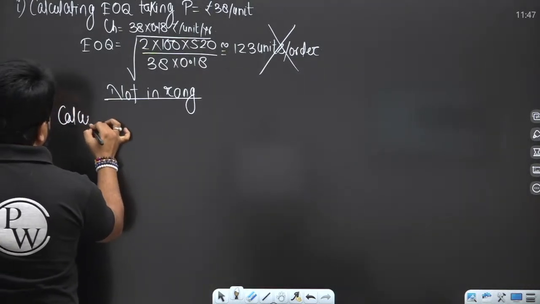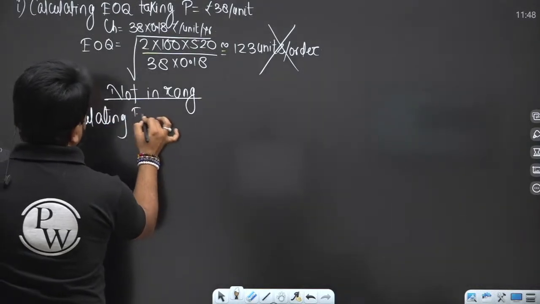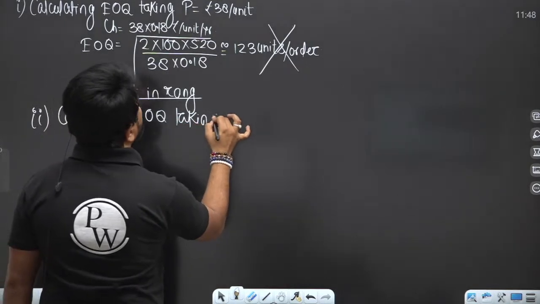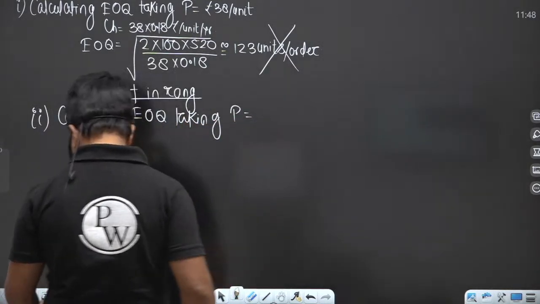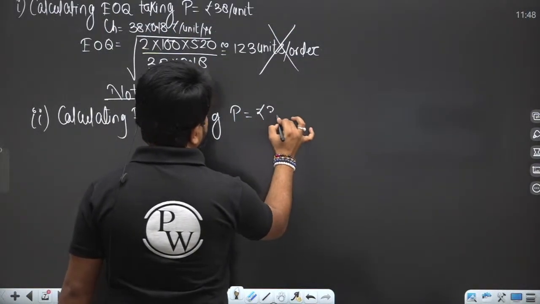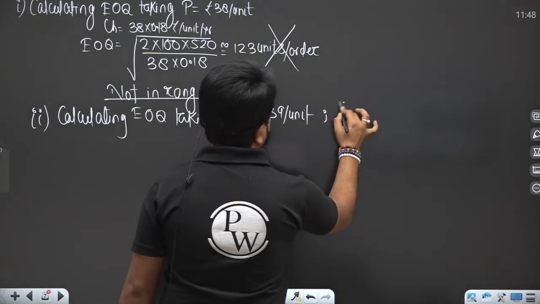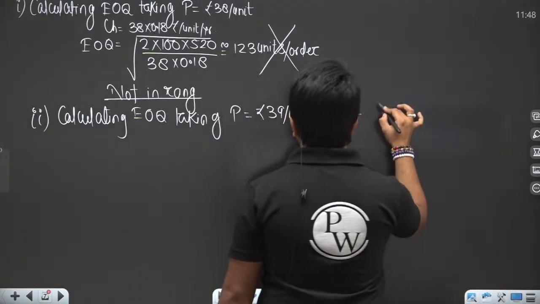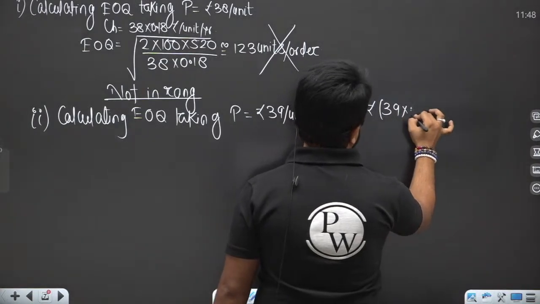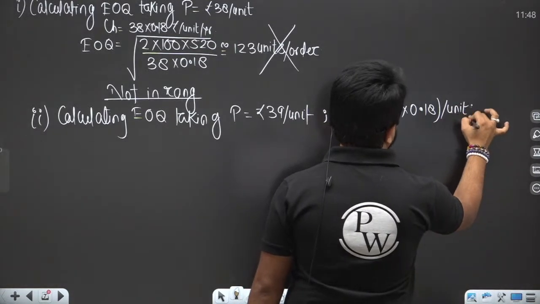Okay. Now second, calculating the economic order quantity taking a purchasing price of 39 rupees per unit. According to that, the holding cost will be rupees 39 into 0.18 per unit per year.